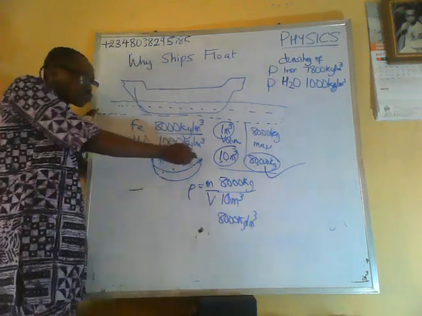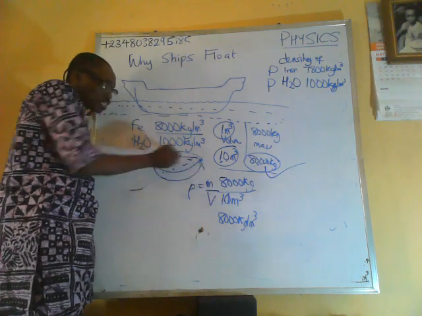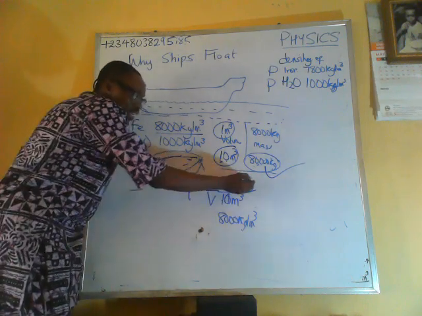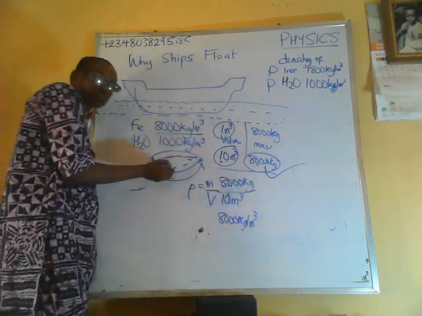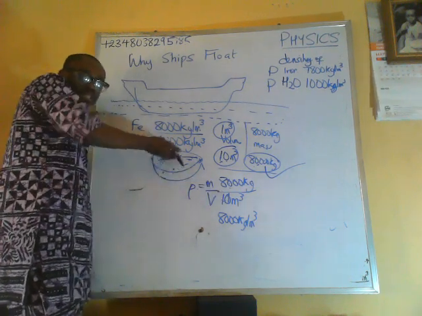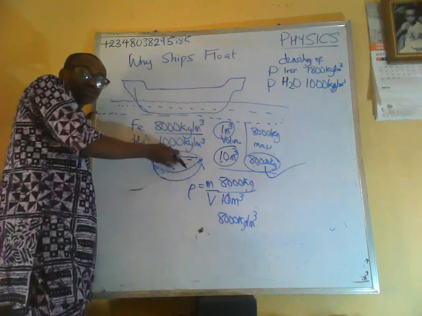Now you fold that 10 cubic meters of material into the ship. The mass of the ship is still 80,000 kilogram, but the volume is no more 10 cubic meters. The volume has increased. This hollow part, the space here, also makes up the volume.